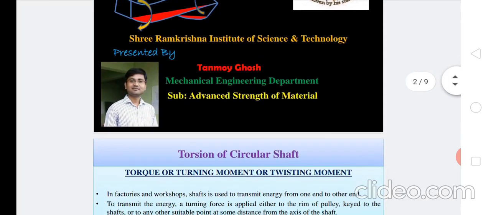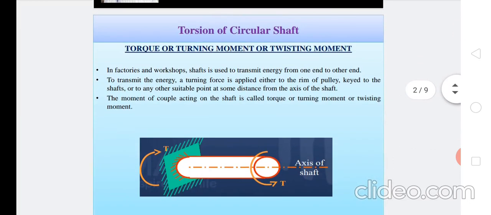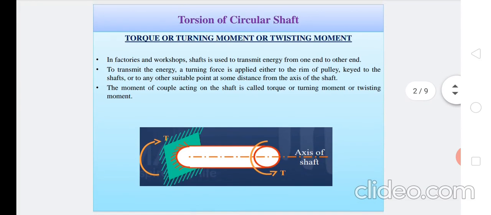Now, what is torque, or turning moment, or twisting moment? In factories and workshops, shafts are used to transmit energy from one end to the other. To transmit the energy, a turning force is always applied either to the rim of a pulley keyed to the shaft or to any other suitable point at some distance from the axis of the shaft.